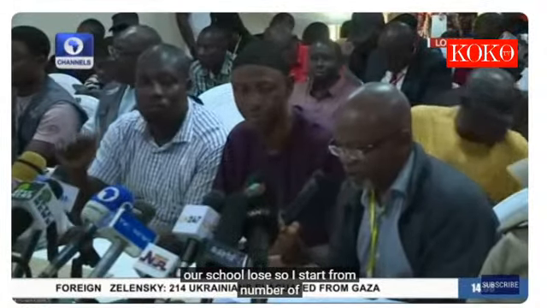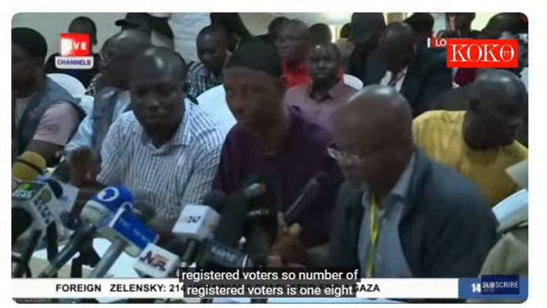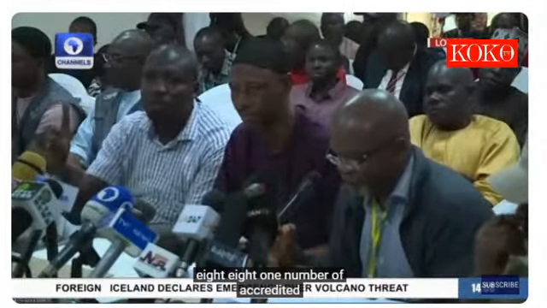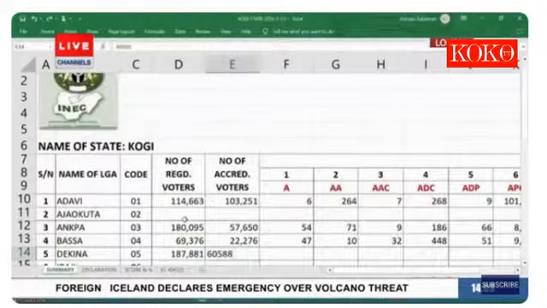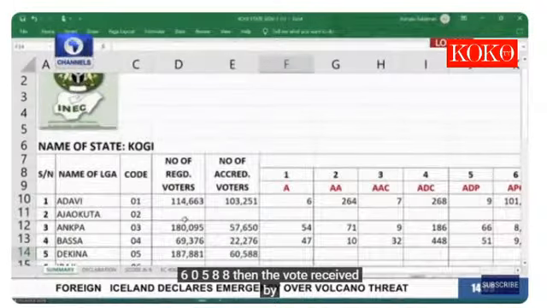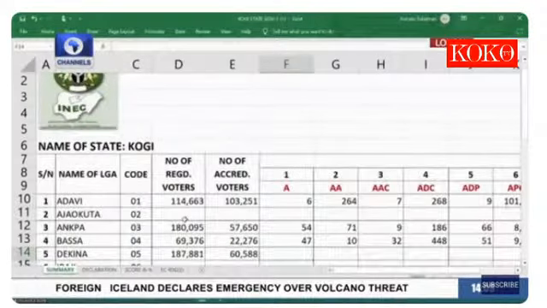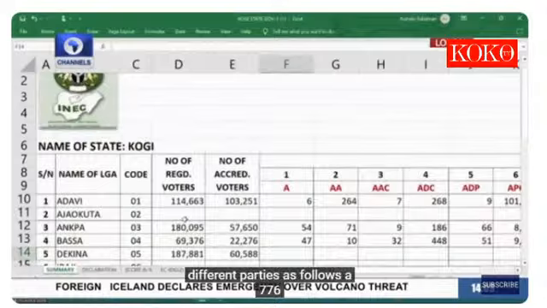I start from the number of registered voters. The number of registered voters is 187,881. Number of accredited voters, 60,588. Then the votes received by the different parties are as follows.